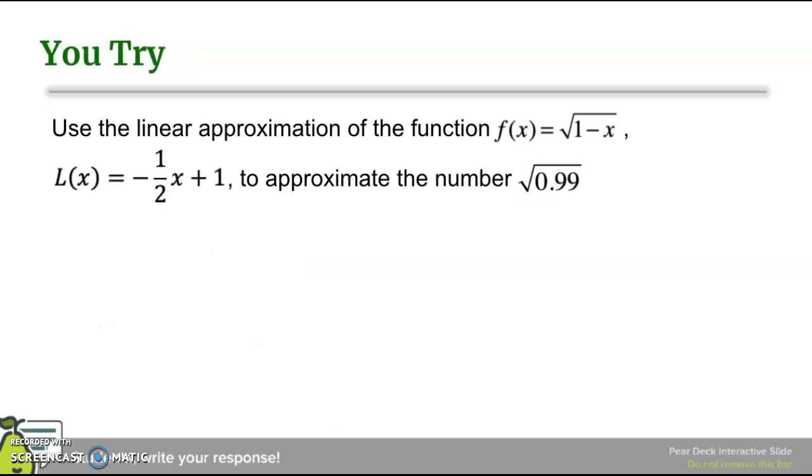All right, here's another one for you to try. Still using f of x equals the square root of 1 minus x. You've got the linearization, which we already computed. I'd like you to use it to approximate the square root of 0.99.